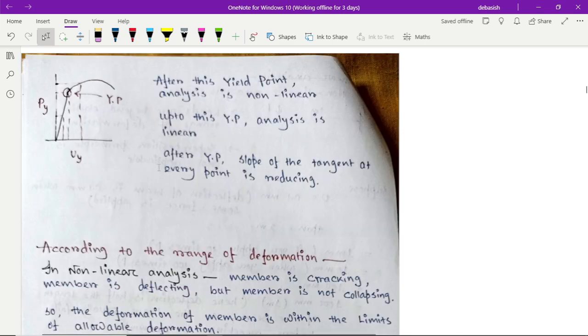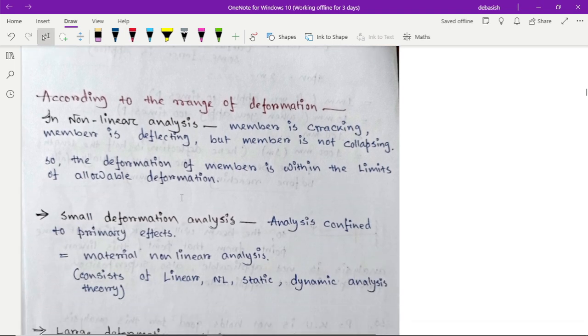Here you can see the graph of the stress strain curve. This point we can call the yield point or the proportional limit. After this proportional limit, the analysis becomes non-linear, and up to this proportional limit, the analysis is the linear analysis. The next classification is based on the range of deformations, whether it is small deformations or large deformations.